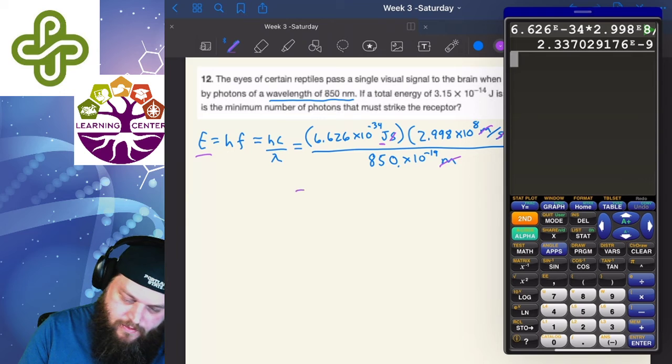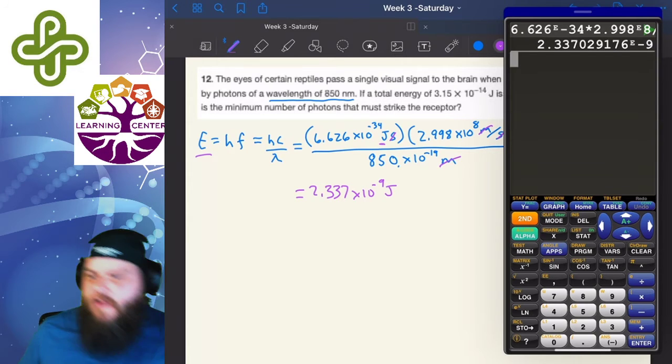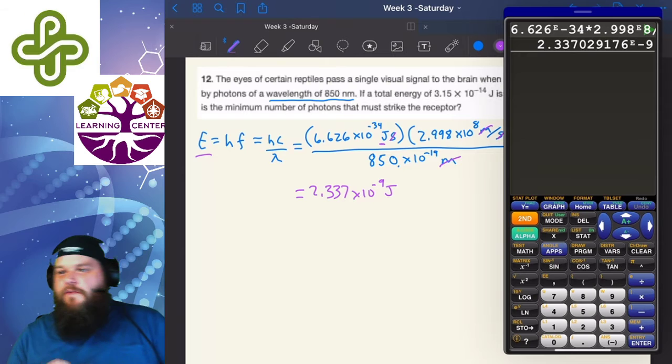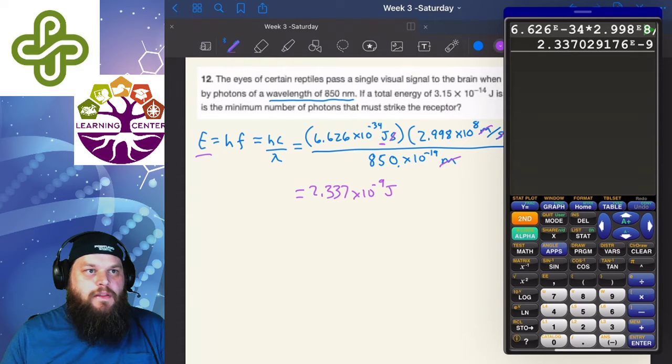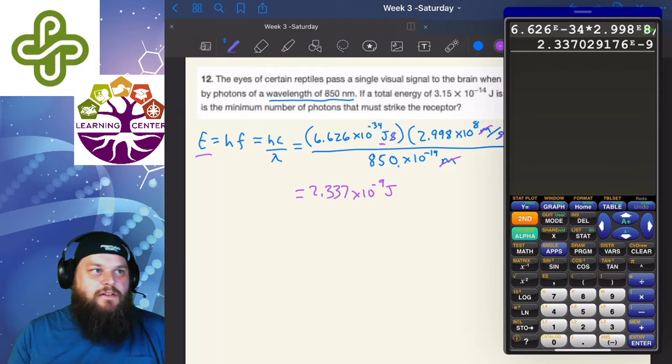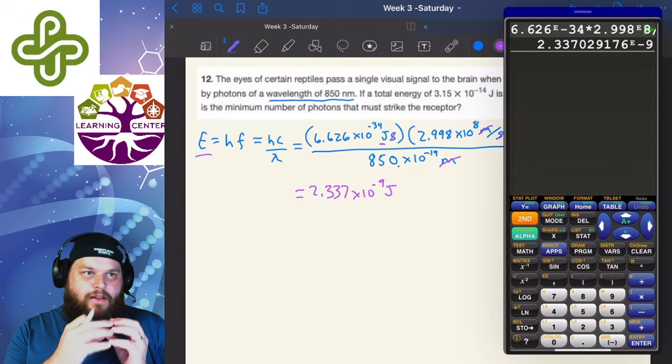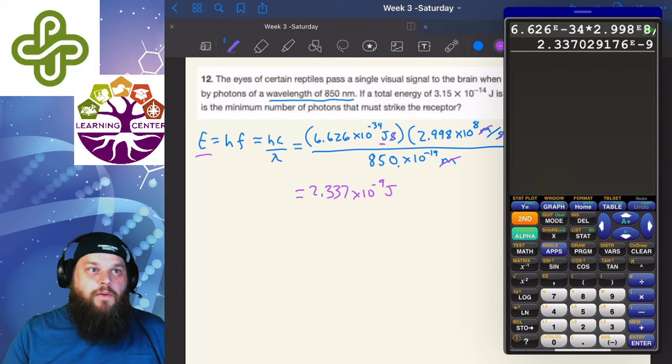And this is equal to 2.337 times 10 to the negative 9 joules. So that's how much energy a single photon of 850 nanometer light has. But this signal in these reptiles' brains doesn't trigger until they have 3.15 times 10 to the negative 14 joules.